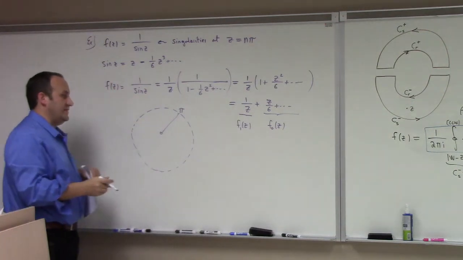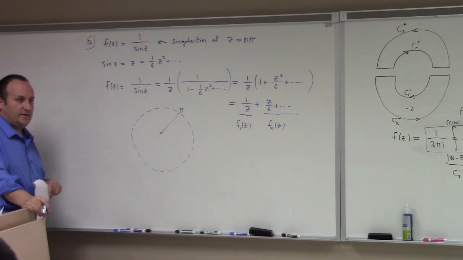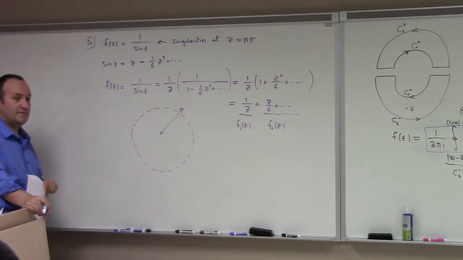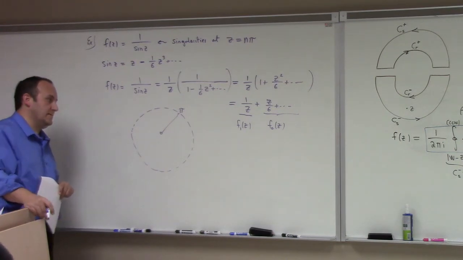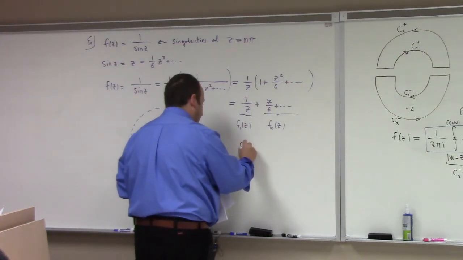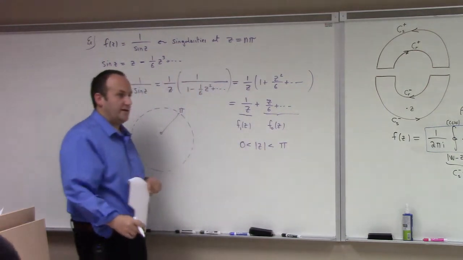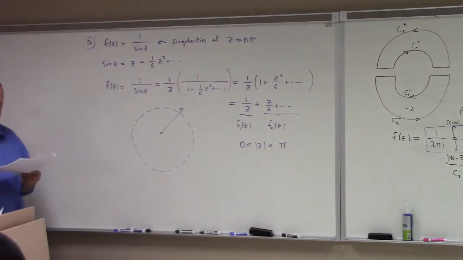So the f1 of z is not analytic on the disk of radius pi, right? But it is analytic outside, on the exterior and on the punctured plane, really. And f0, on the other hand, is analytic inside the disk of radius pi. So 0 less than modulus of z less than pi is the annulus I'm talking about here. That's the Laurent decomposition.